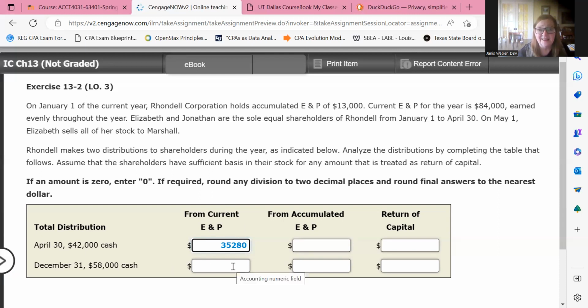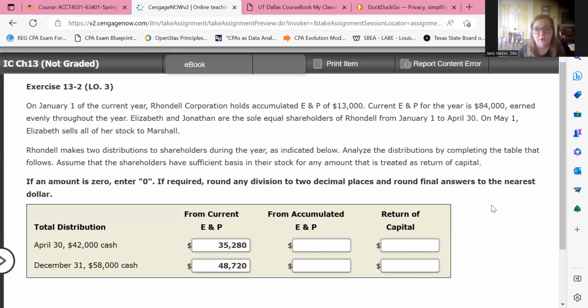The second distribution was 58% of the total, because it's 58,000 of a $100,000 total. So 58% times this same 84,000 tells us how much of the second distribution is related to the current E&P. So 84,000 times 58%, I calculated that to be $48,720. So we've got a third of the problem so far, right?